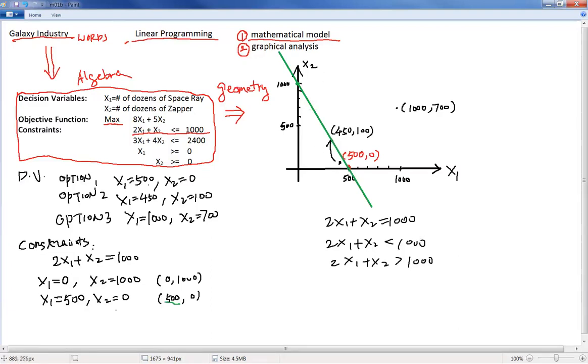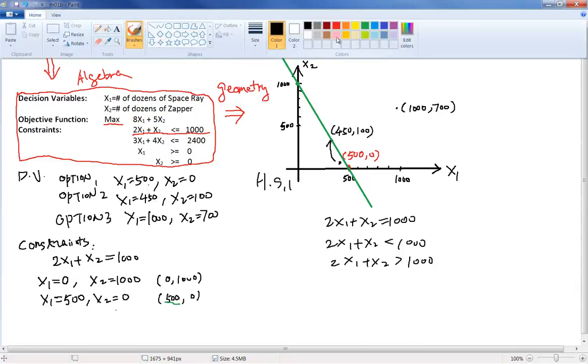This green line, which is this first equation, divides the two-dimensional space into two half spaces. Let's call this side half space 1. Let me change to a different color.